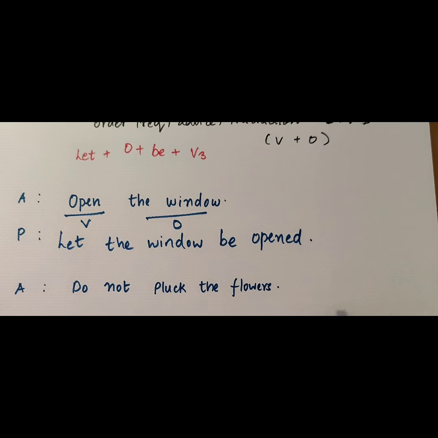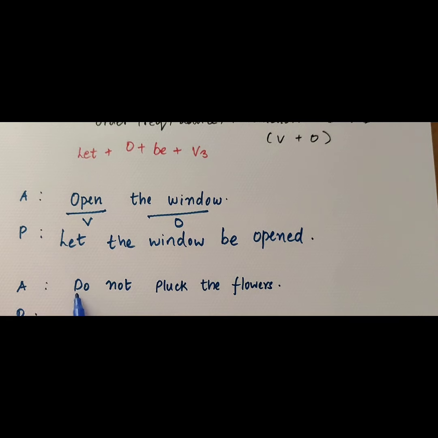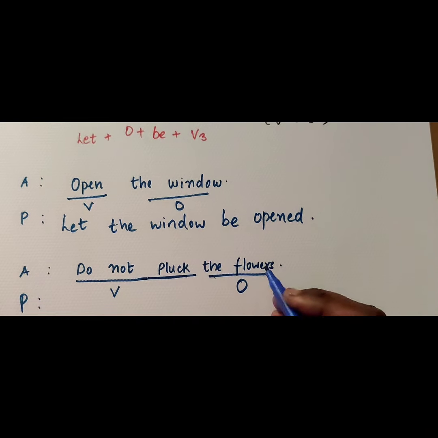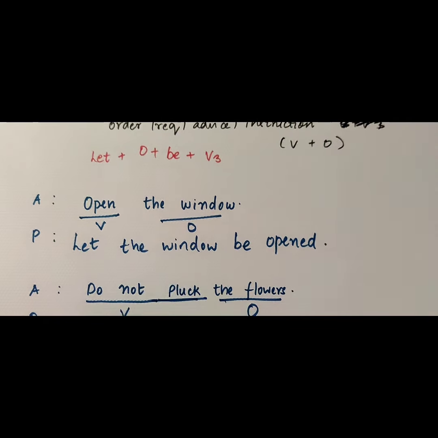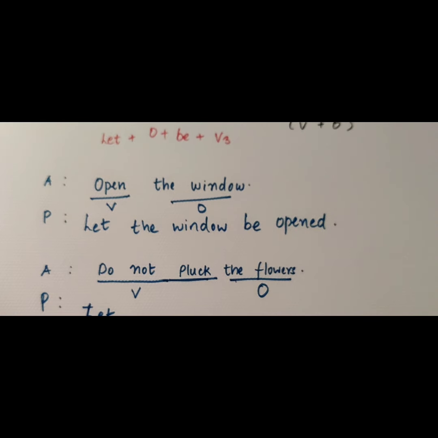Do not pluck the flowers. In passive: do not pluck is the verb, then the object. Sorry, here the format is let, then the object, the flowers.